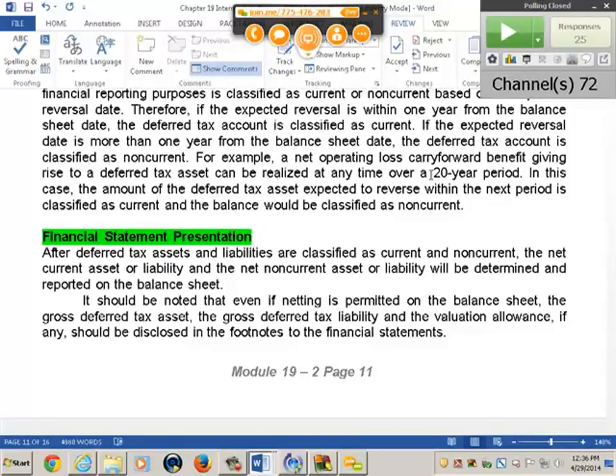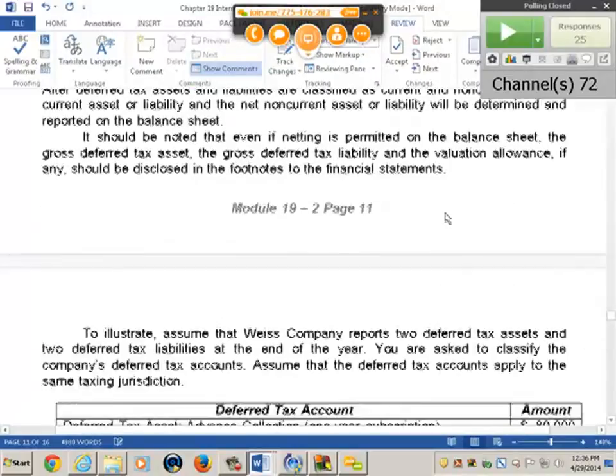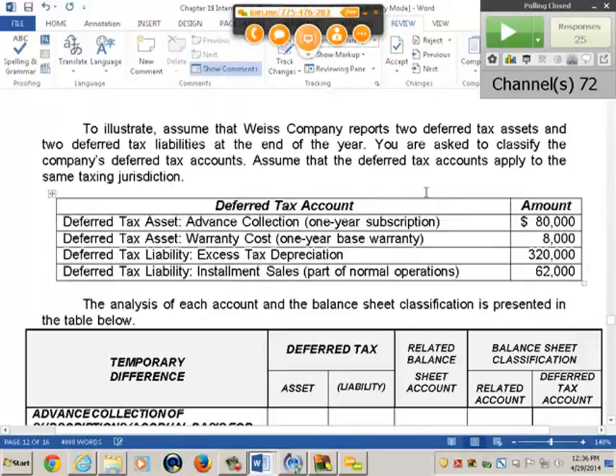So what will happen is we'll take hundreds maybe of deferred tax assets and liabilities, classify them. When the right to offset exists, we'll net them out. If not, we'll show them separately on the financial statements. Now, let's go to an example. We have a company that's got 4 book tax differences, 2 DTAs, 2 DTLs.